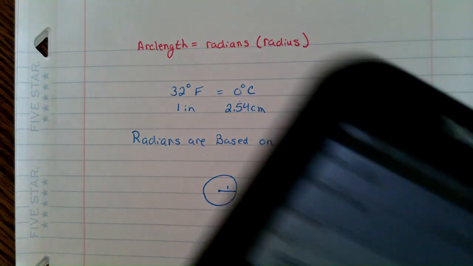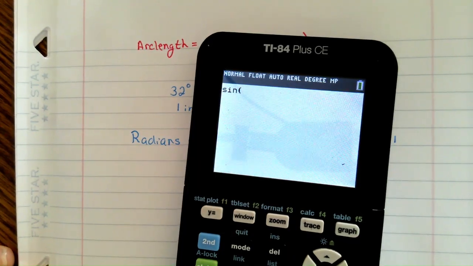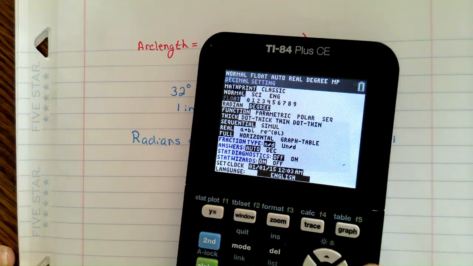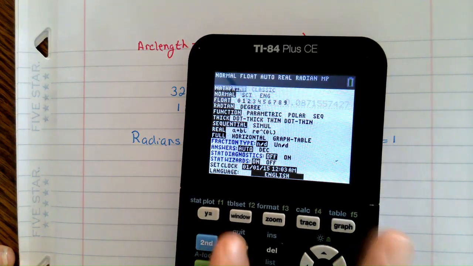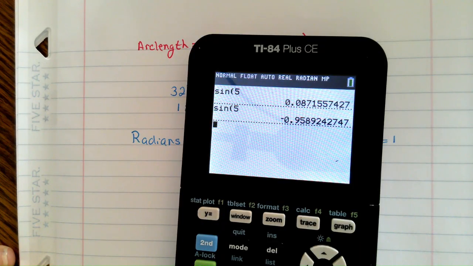And just so you can see, if you're not careful with your calculator, let's say you're trying to do the sine of 5 degrees, but if your calculator is in a different mode, and we type the same thing in, we get a very different answer.